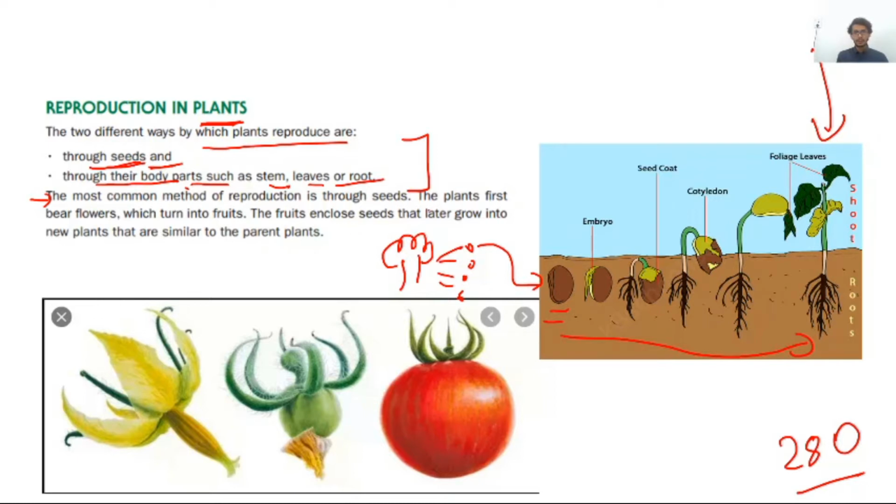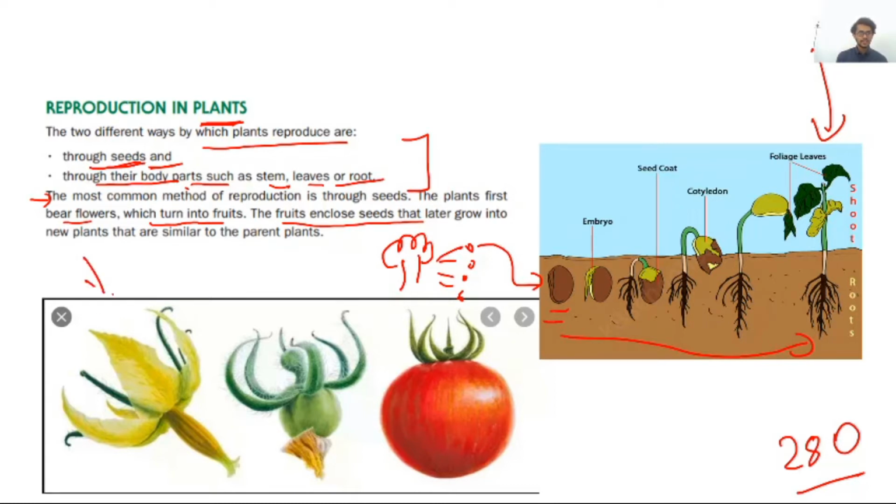Now next, the plants first bear flowers which turn into fruits. The fruits enclose seeds that later grow into new plants that are similar to the parent plant. Wow, too much information, but you see over here, it's very easy. The plant parts first bear flowers.